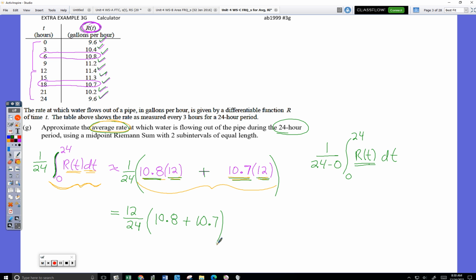We are now adding 10.8 plus 10.7, and then we're multiplying by 1/2. So what are we really finding? Just look at this box and tell me. Ignore everything else. Just raise your hand and tell me, what did that box just compute? What is being computed by that box? Hands up, come on. Hey, wait a second is the right reaction. Go ahead.